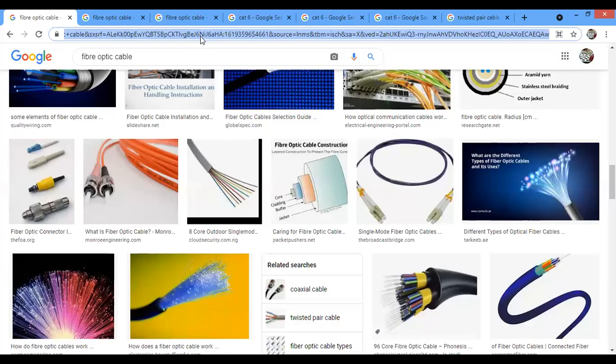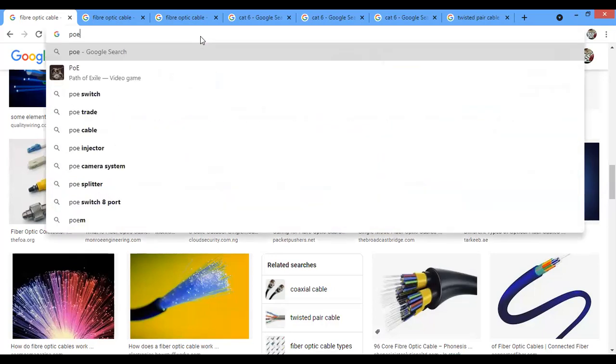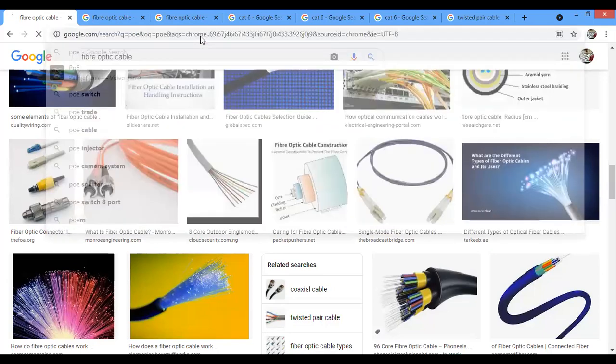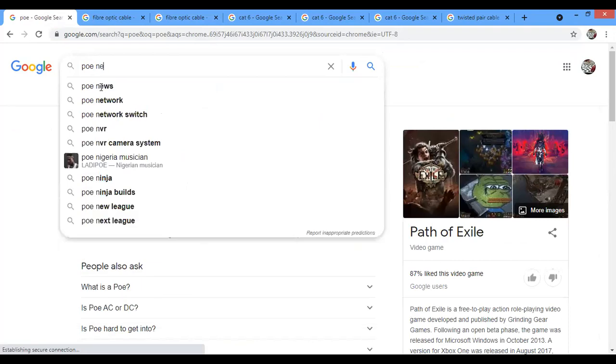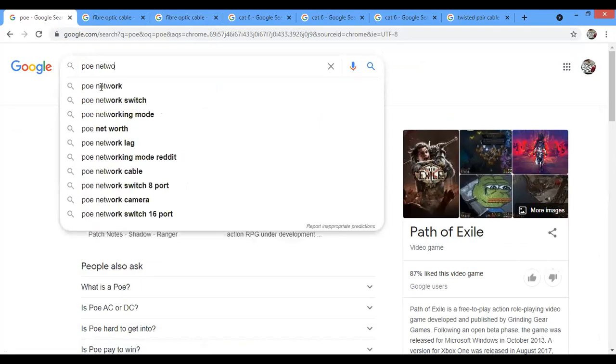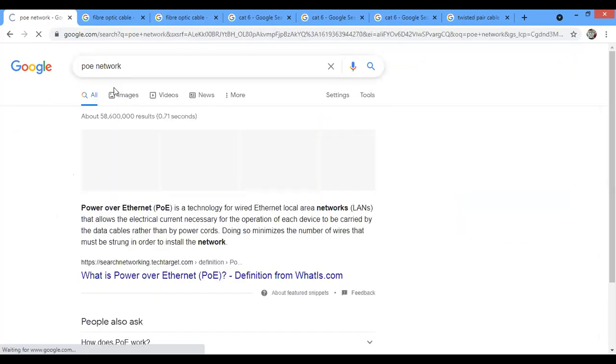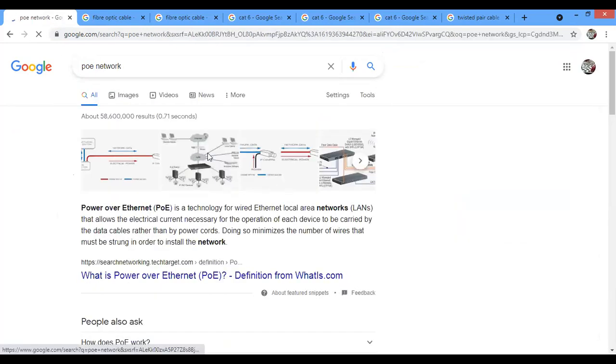It's a technology that allows data and power to pass through cable at the same time. For instance, okay, let me get it again.